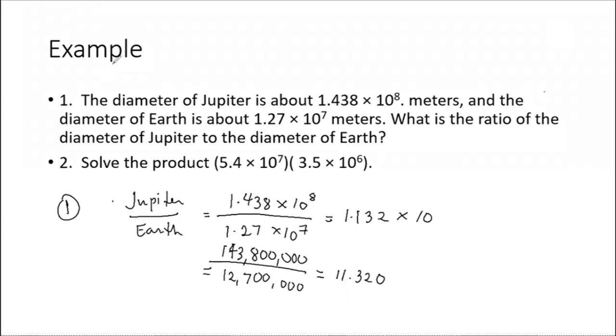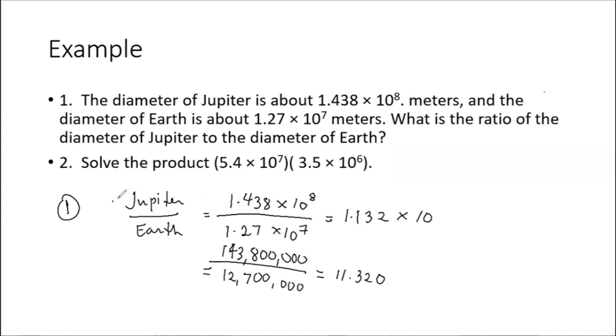Okay, so let's cite an example for the operation using scientific notation. The diameter of Jupiter is about 1.438 times 10 raised to 8 meters, and the diameter of Earth is about 1.27 times 10 to the 7 meters. What is the ratio of the diameter of Jupiter to the diameter of Earth?